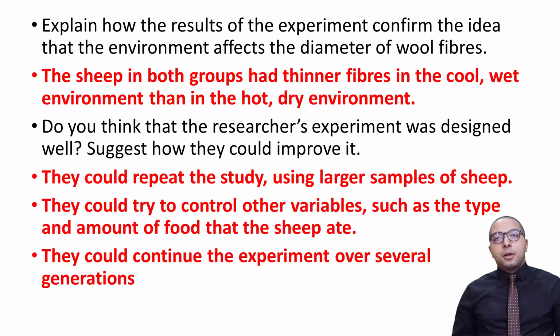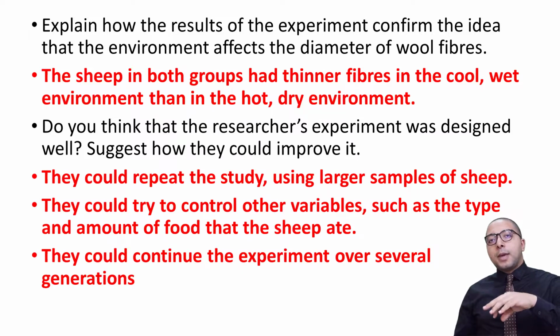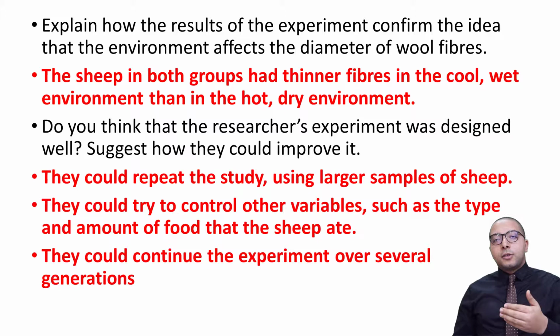Because based on the food, remember the beginning of this video, we said that food might make a person thicker or thinner and might affect the growth rate. Same as the sheep. If you have introduced the first group to a certain amount and type of food, that might change the result as well.